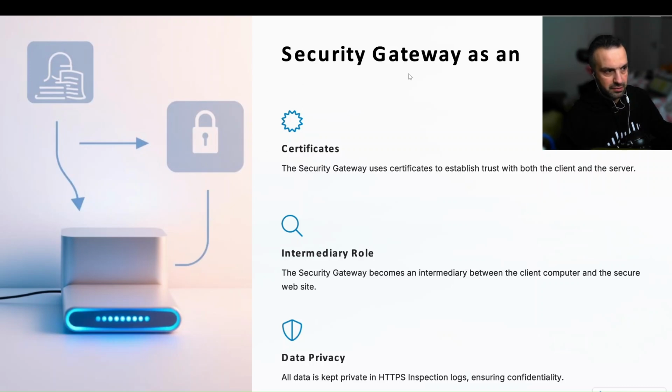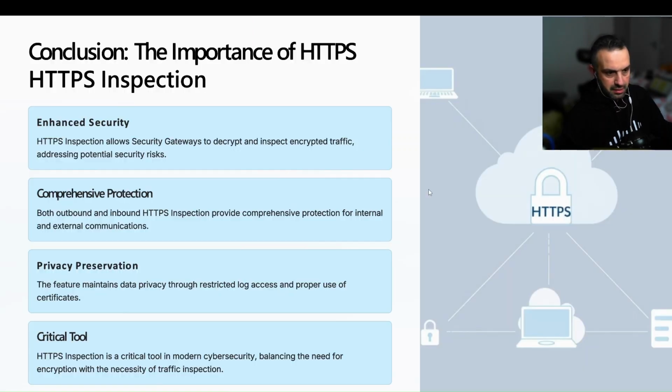So the security gateway uses certificates to establish trust with both client and server, but it is not recommended to use the gateway as the CA server. So in production, we use a Windows server, for example, for the certificate authority server. But because this is a lab, we use the gateway. So conclusion, enhanced security, comprehensive protection, privacy preservation, critical tool.